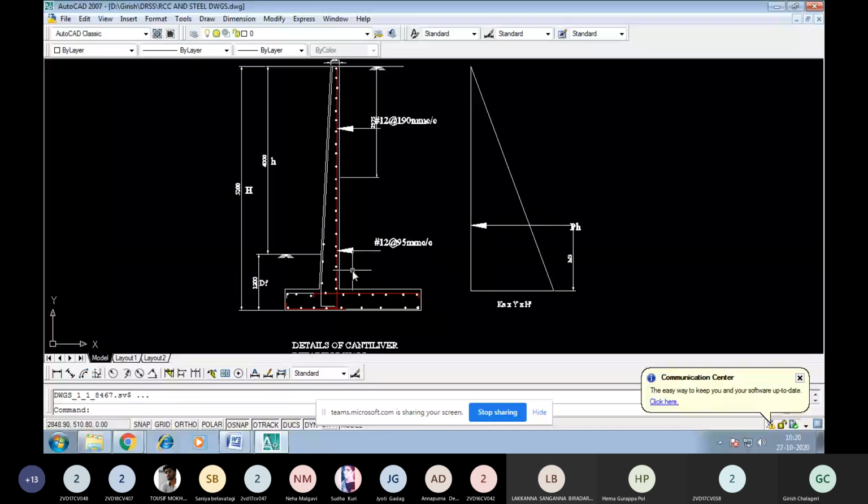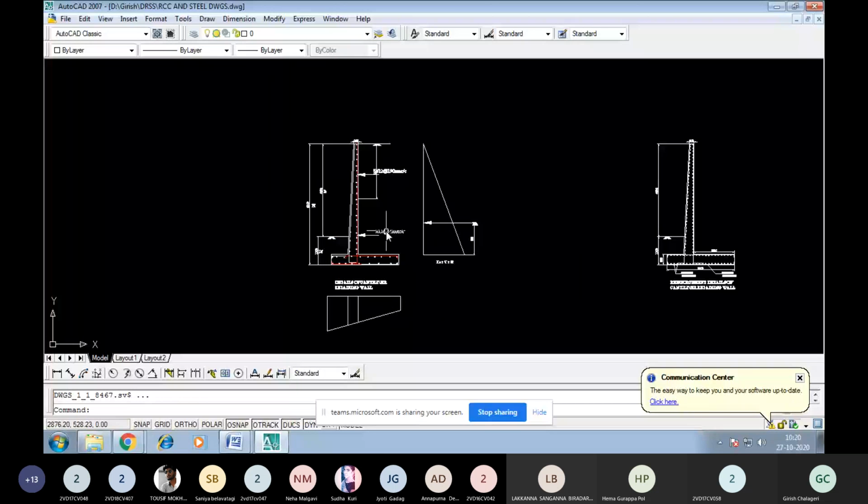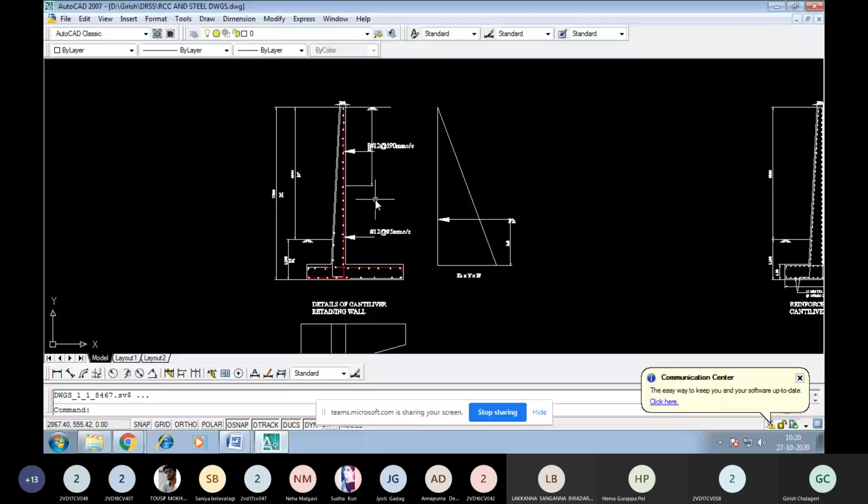Then we designed the second component, that is the heel slab. We can see the heel slab in the diagram. Before that, in stability we found the uplift pressure below the slab: at the toe it is maximum, at the heel it is less. But we can see from the diagram that the backfill will be more above the heel slab. So the backfill load plus the concrete weight of the heel slab will act downwards, while the uplift pressure acts upward, which is less than the downward force.